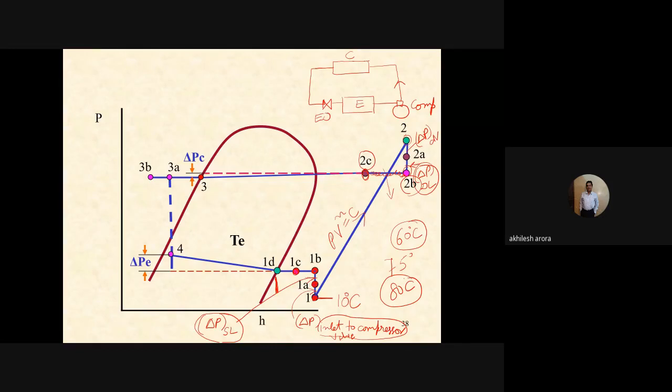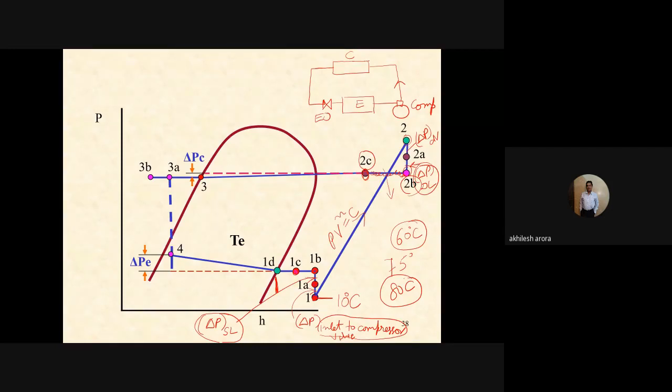So at 2C, the refrigerant is now entering the condenser. Earlier, what were we considering? We were considering that the refrigerant enters the condenser and there is no pressure drop, only transfer of heat from the condenser to the surroundings. First the refrigerant loses the sensible heat and then it loses the latent heat.